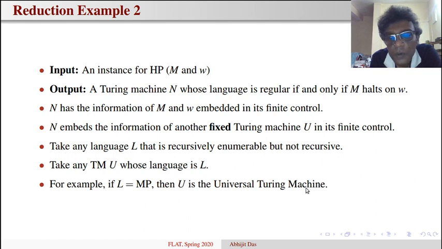It is once again a fixed Turing machine, and the information about U, its transitions, its states, all these things fit in a finite amount of space and therefore can be embedded in the finite control of the output machine N.